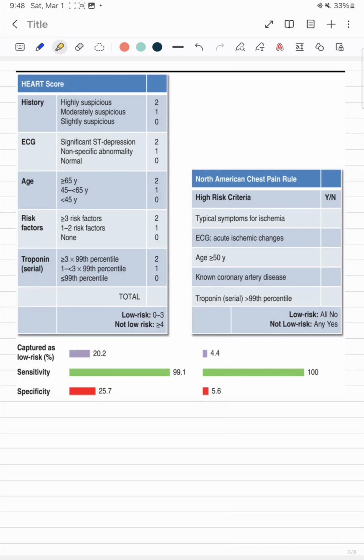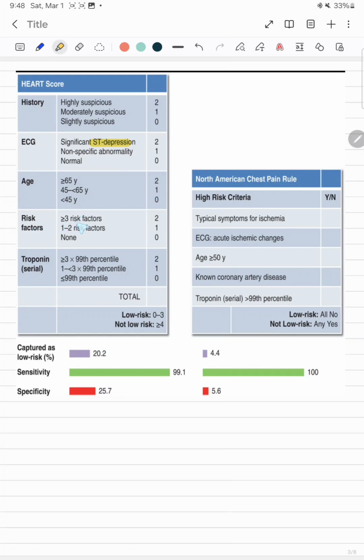If the ECG shows ST segment depression or ST segment elevation, such changes get a higher score of 2, non-specific abnormality gets 1, and a normal ECG is 0. By age, more than 65 is 2, 45 to less than 65 is 1, less than 45 is 0.